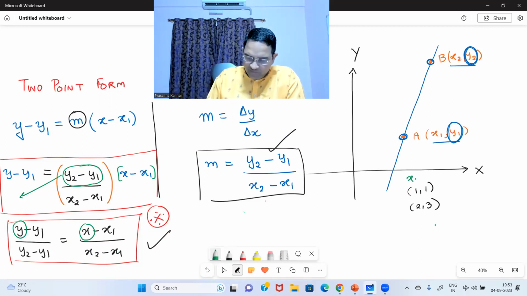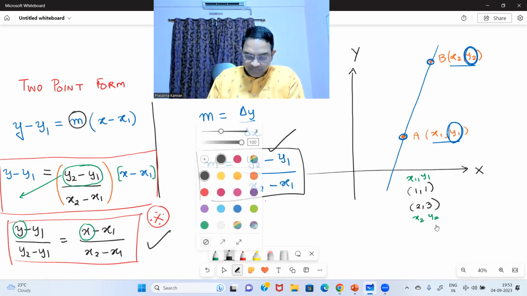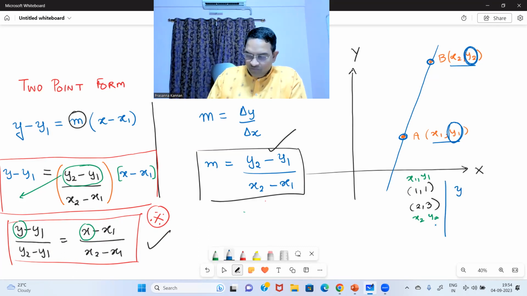Let's say this is x1, y1. This is x2, y2. You can choose any one of them as x1, y1 or x2, y2. No problem. So how will you solve it? y minus y1, y1 is 1, divided by y2 minus y1. What is y2?